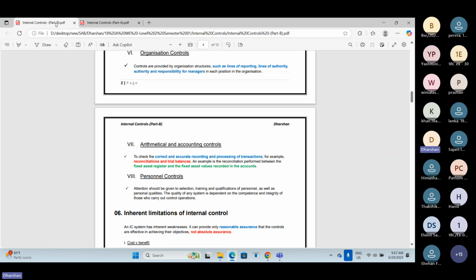So if they want to enhance the skills and knowledge of their employees, what shall they do? They should provide training, seminars, accounting standard seminars, financial statement preparation related seminars, and taxes, VAT and SSCL, income tax, WHT.